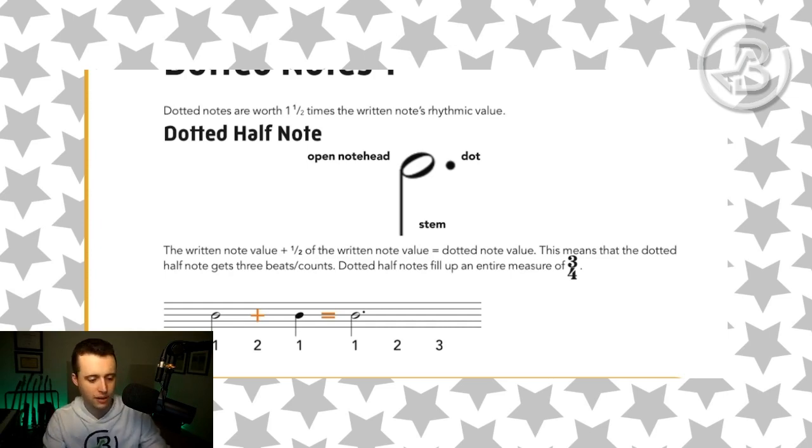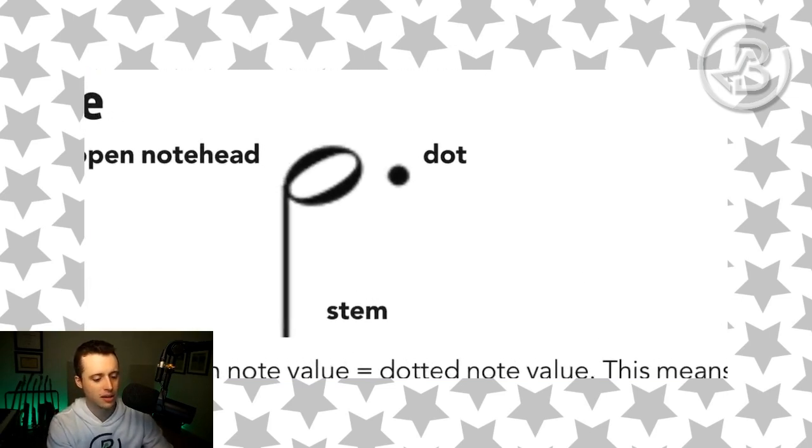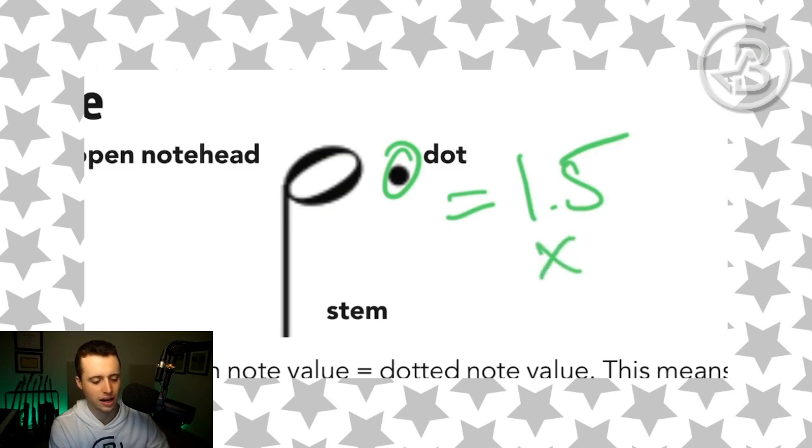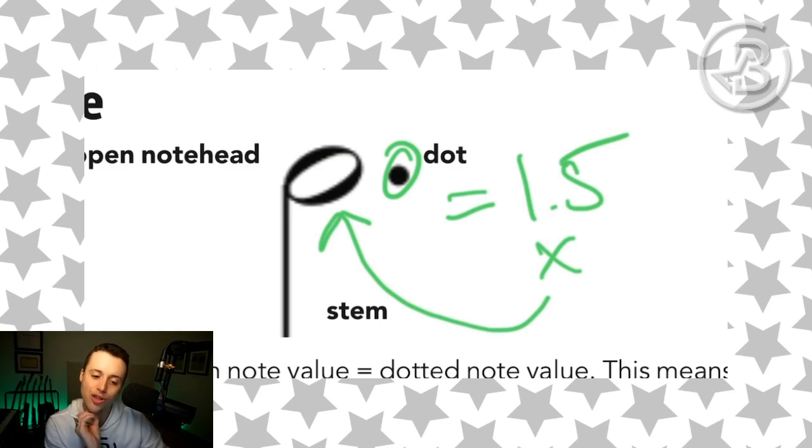Let's break that down. So what we're saying is that whenever we have a dot on a note, right here, we've got the dot, this equals 1.5 times that. 1.5 times the written note's value.